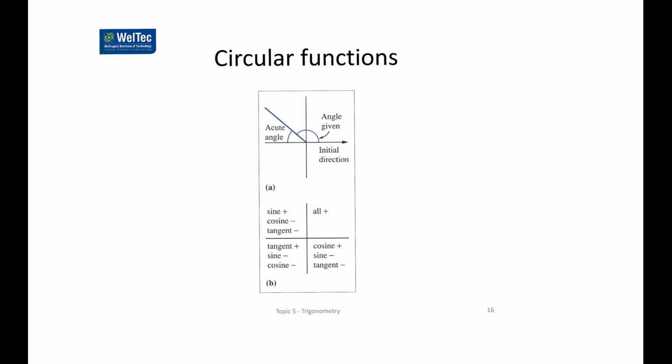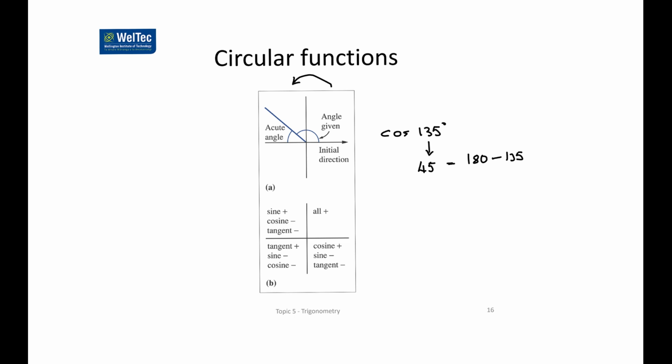Got a lot to remember. Circular functions, trig functions, everything's all happening at the same time. We are going anti-clockwise, and we just work with the acute angle. If we're talking about cos of 135, for example, the acute angle is 45. It's the same as 180 minus 135.